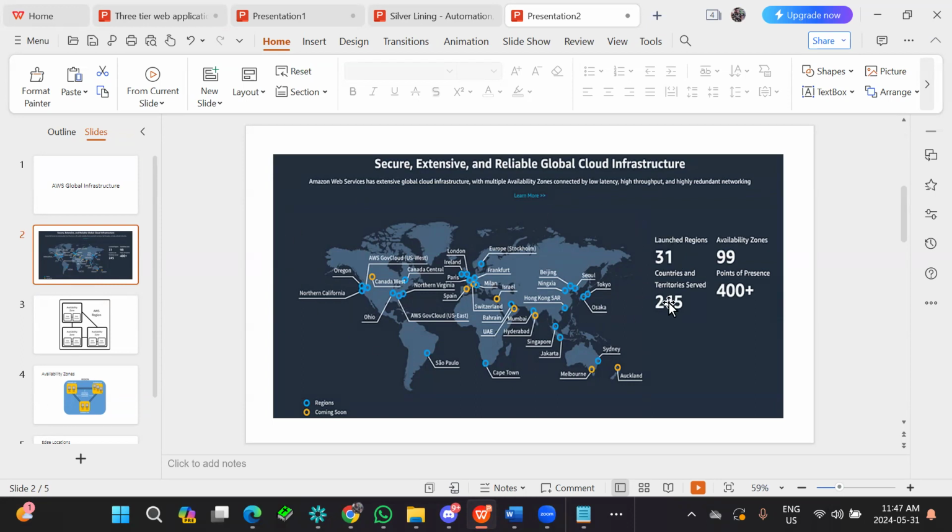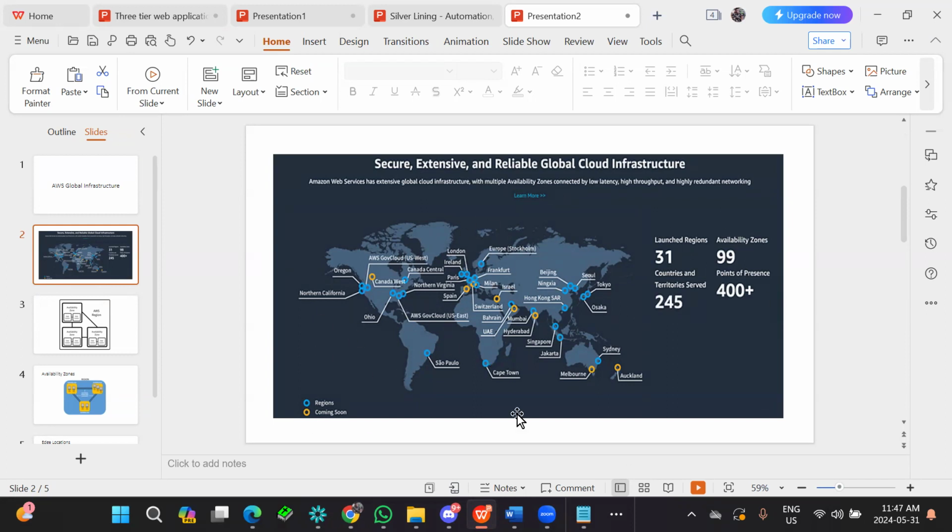When we talk about the AWS Global Infrastructure, we simply mean that it's a massive distributed system of interconnected data centers, edge locations, and networking components that operate in a seamless, globally redundant manner. It is designed to deliver highly available, fault-tolerant, and low-latency cloud services to customers worldwide.